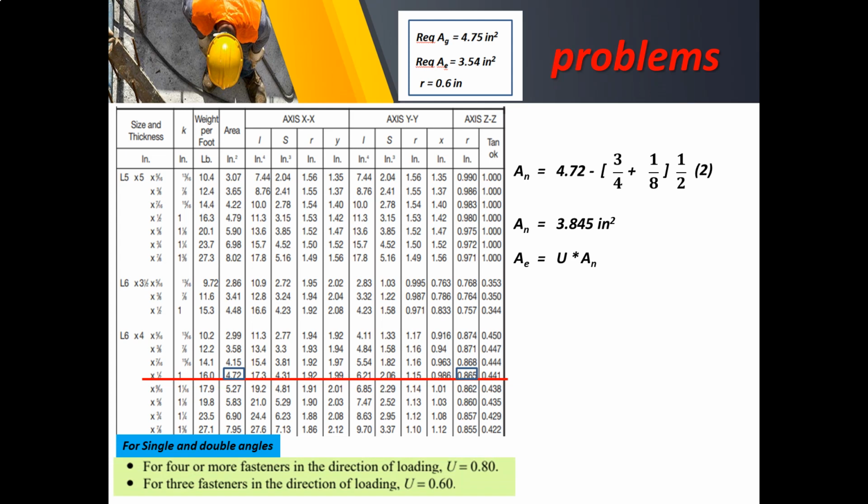So this shall be adopted into the problem. Therefore, the effective area is 0.8 times the net area, 3.845.